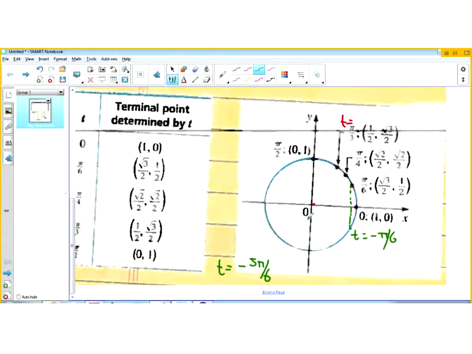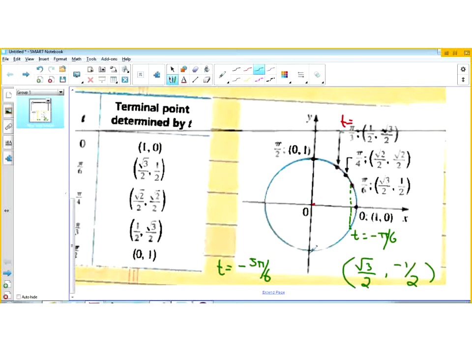Can you tell me what the terminal point is for t equals -pi over 6? Well, we use symmetry: the x value stays the same, but the y value, since it's symmetric with respect to the x-axis, is merely the negation of the y value. So this would be the terminal point of t equals -pi over 6. And you can just see it by symmetry.